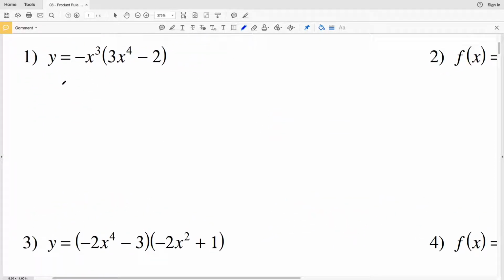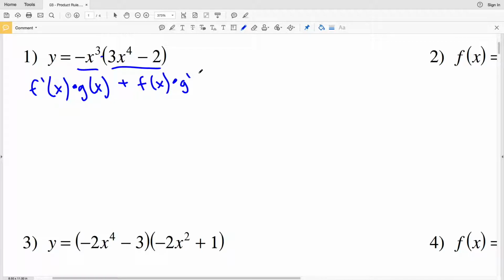In number 1, we're finding the derivative of negative x cubed times 3x to the fourth minus 2. One will be f of x and the other g of x. So like in our formula, we're going to take f prime of x, multiply it by g of x, and then add that to f of x multiplied by the derivative of g of x.